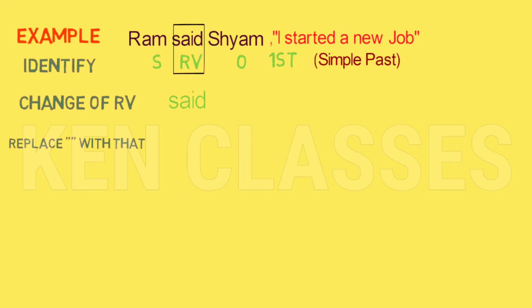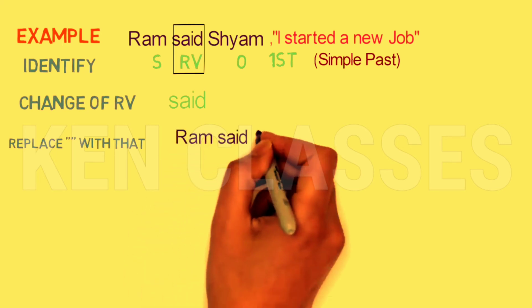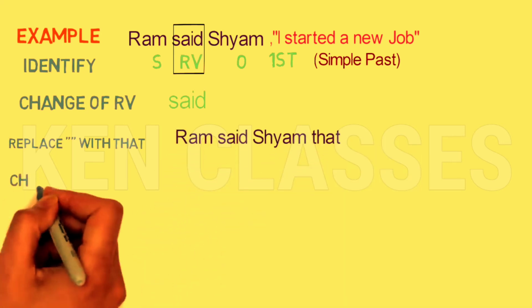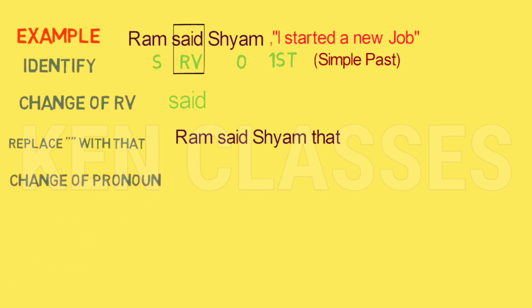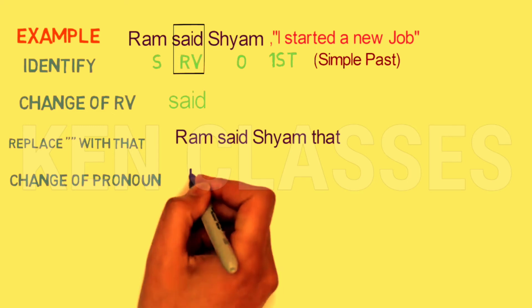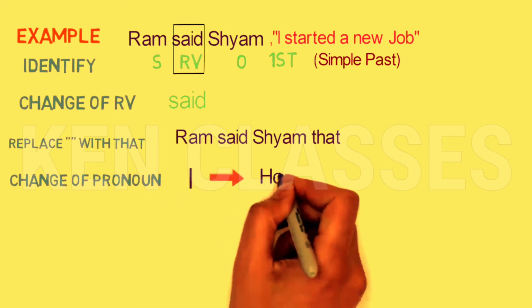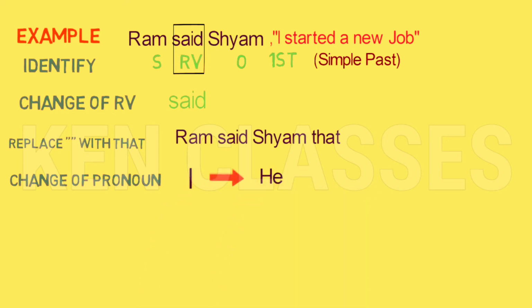So the sentence will become like this. Ram said to Shyam that. Fourth step is the change of pronoun. Here, I is the first person and subject is Ram. So I will be changed to he. Please note, pronoun will be used in the reported speech to refer to the subject or object in the reporting speech.